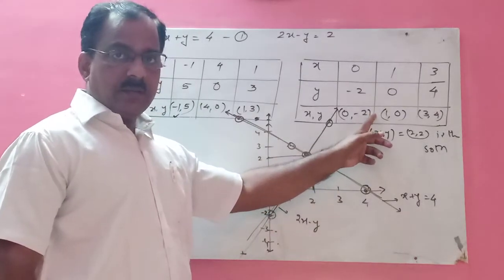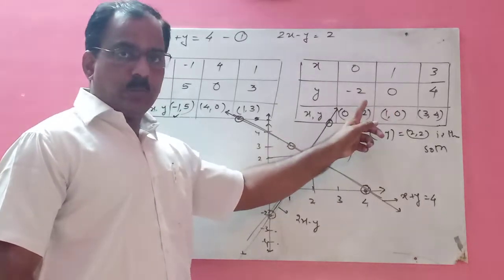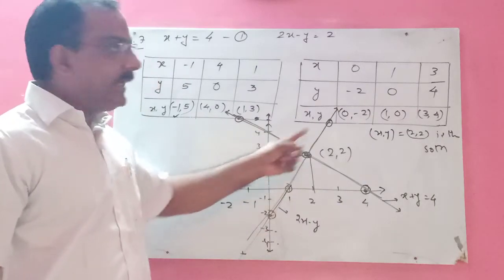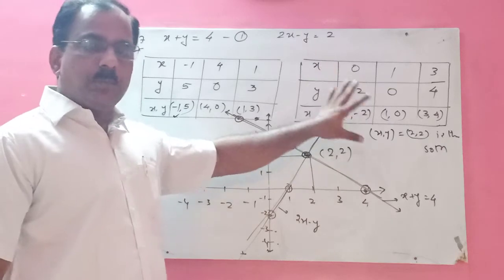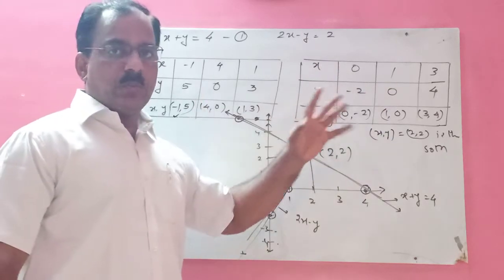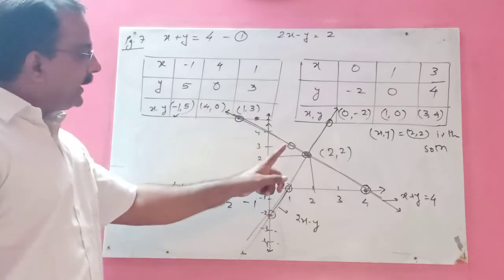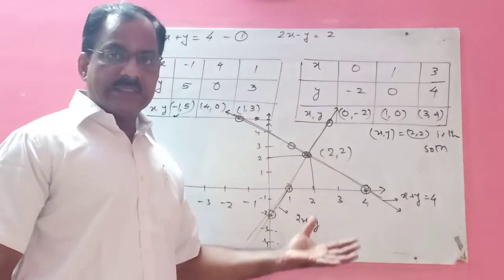You should write on both the axes 1 centimeter is equal to 1 unit. Label everything properly, do it neatly, and get the point of intersection. And do not forget to write the answers.